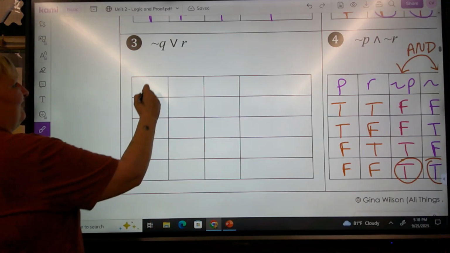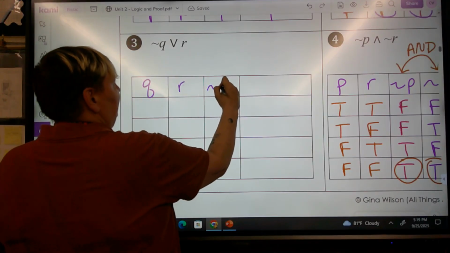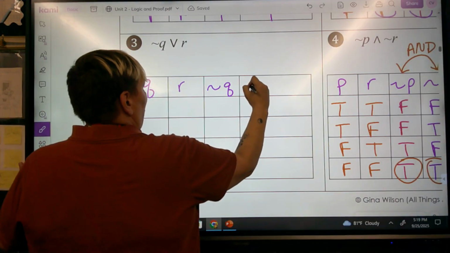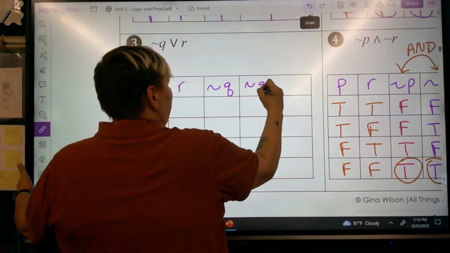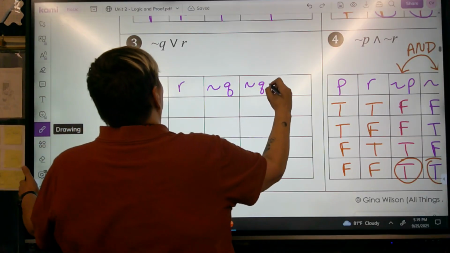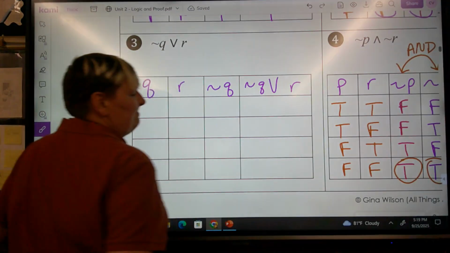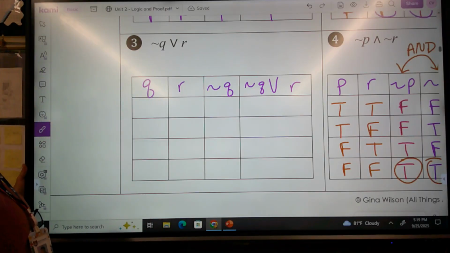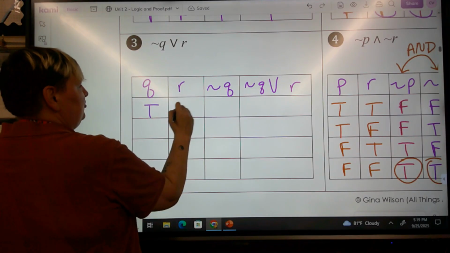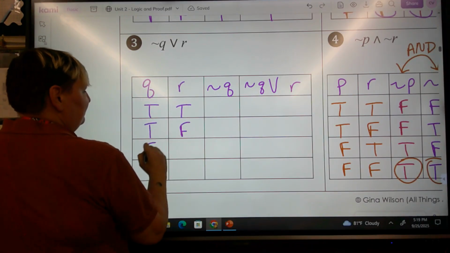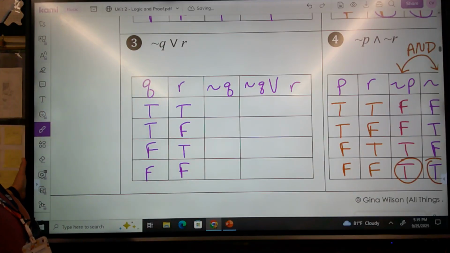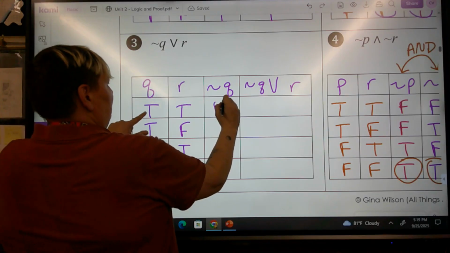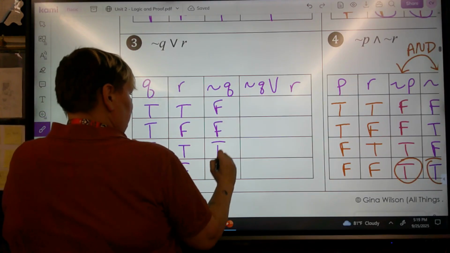Okay. We have a Q and an R and a not Q, and our compound statement is not Q or R. Same pattern. You should have got true, true, true, true, false, false, false, false. These are your possible outcomes. Your not Q is false, false, true, true.